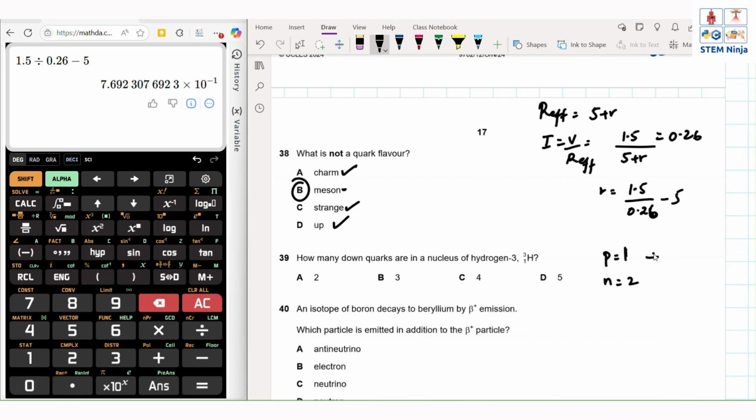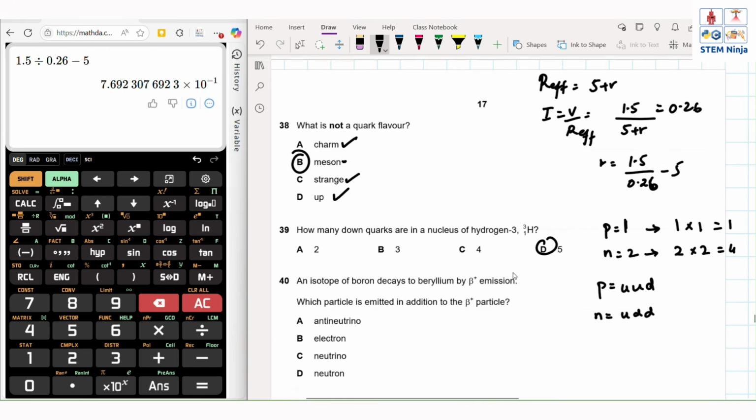Now, in a proton we have up, up, down, and in a neutron we have up, down, down. So 1 times 1, and we have 2 times 2 down. So we have 1 and 4, so we have 5 down quarks included.